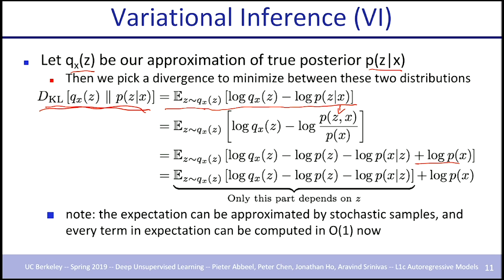So now what you get is an expectation over samples of Z that involves one Z term, another Z term, another Z term, and then finally something that does not involve Z, which is the marginal of the data point that you care about. Since this term does not depend on Z, we can just pull it out of the expectation.